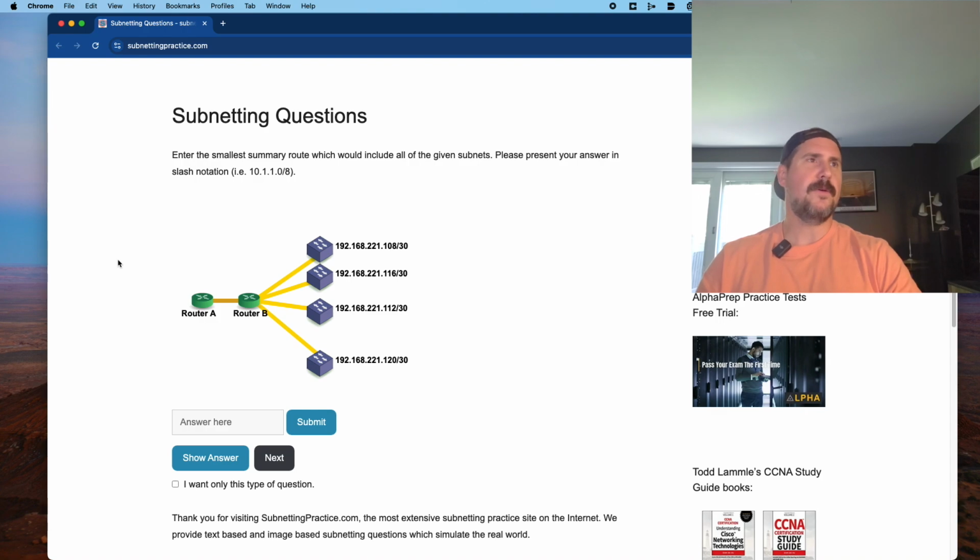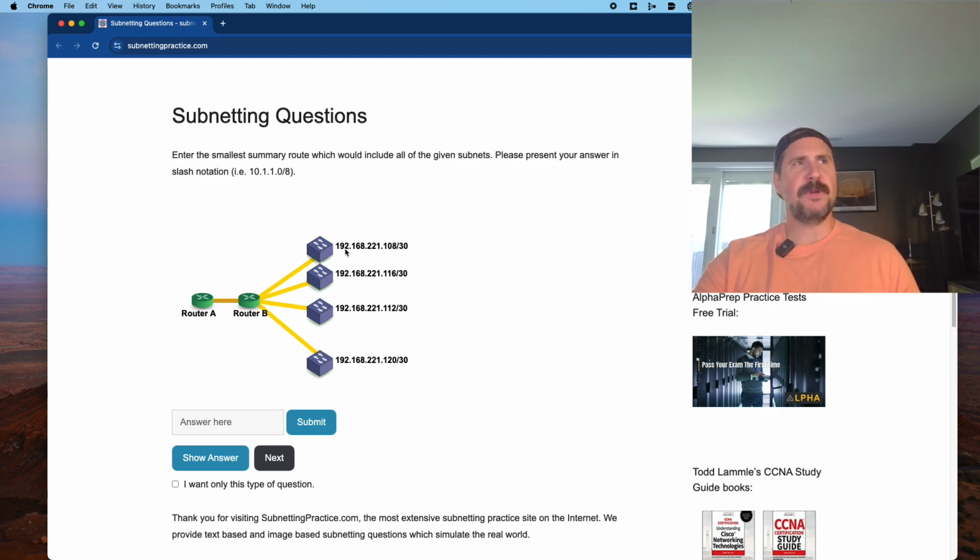Okay, so we need to come up with a route, come up with a subnet that matches all of these to the greatest degree possible. What do I mean by that?